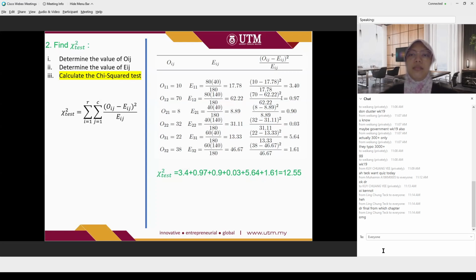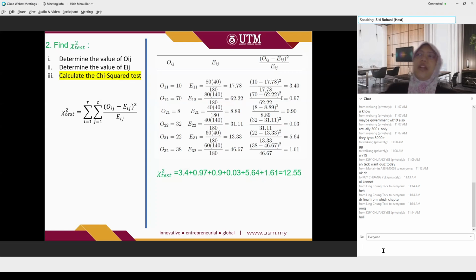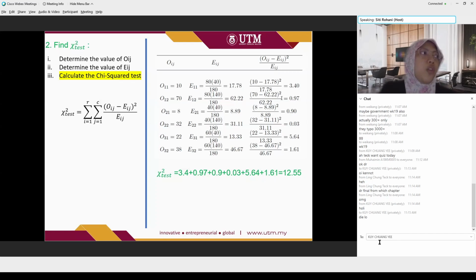I think the last 3 chapters, which are ANOVA, test and simple linear regression, are not as difficult as the previous chapters, chapter 1 until 4, because the question is very direct and normally students will get marks from the last 3 chapters.